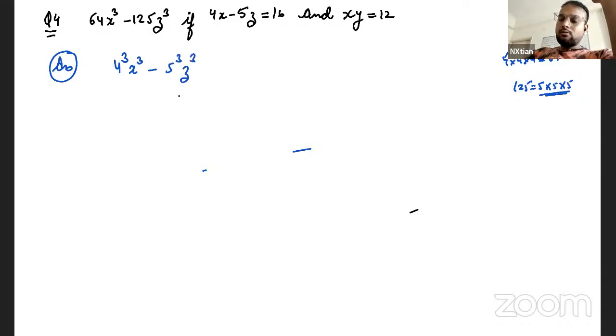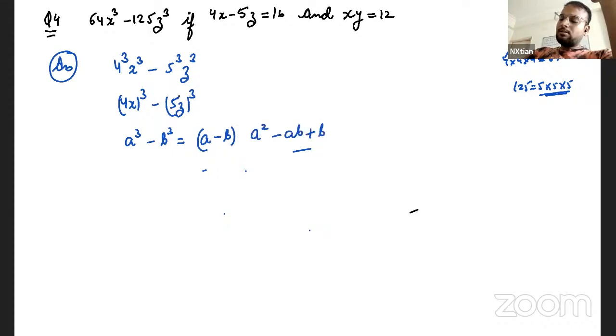Understood? Yes or no? So now it can be written as 4x cube minus 5z cube. Now it is in the form of a cube minus b cube. So it can be written as a minus b into a square plus ab plus b square.